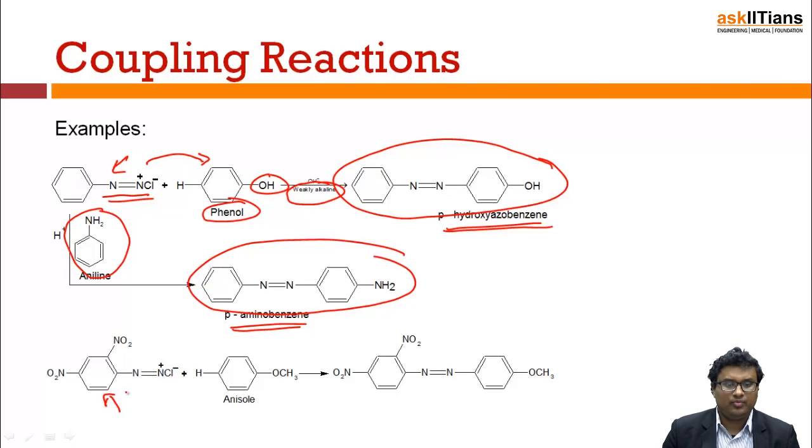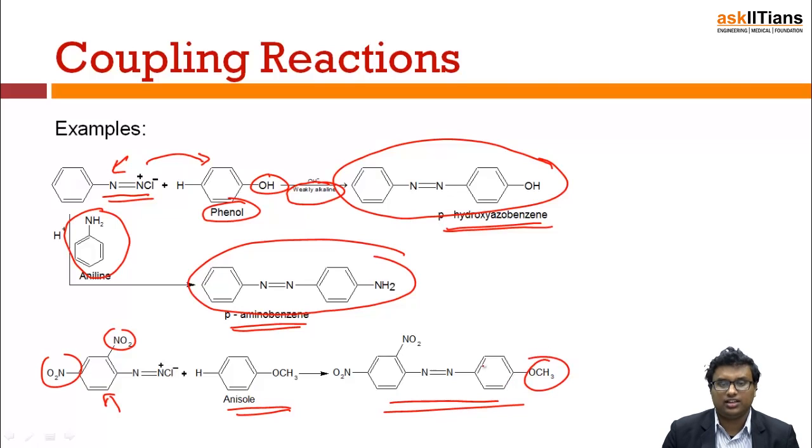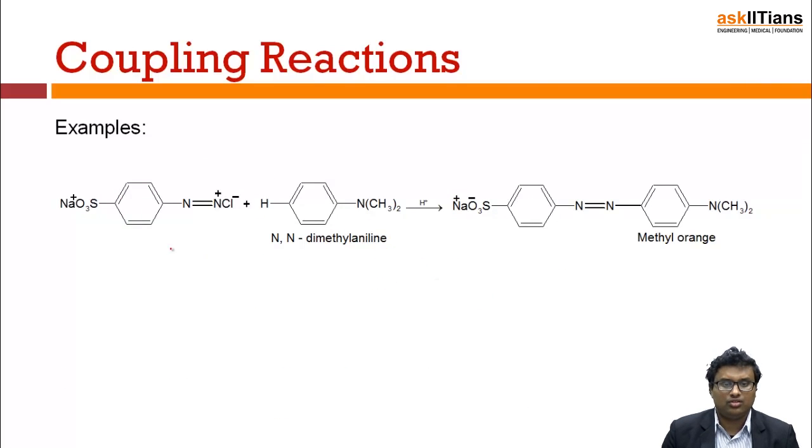In the same way, if you have NO2 here, and if you have anisole, again a coupling reaction. Remember, for coupling reaction, this Z should be an activating group. So you have your diazonium salt, you have again an activating group, you will get methyl orange.